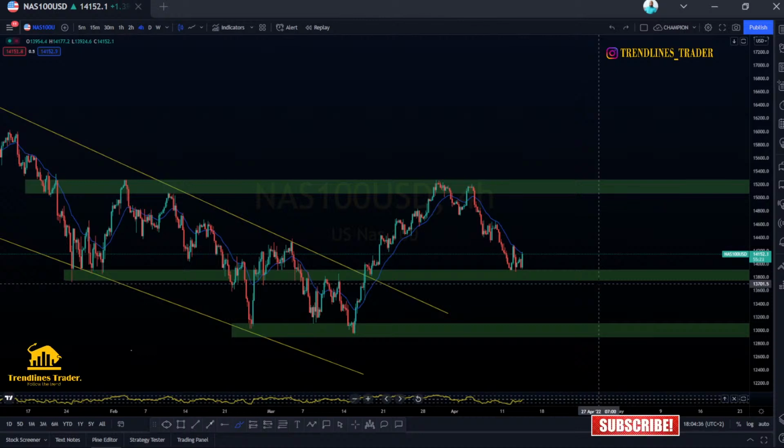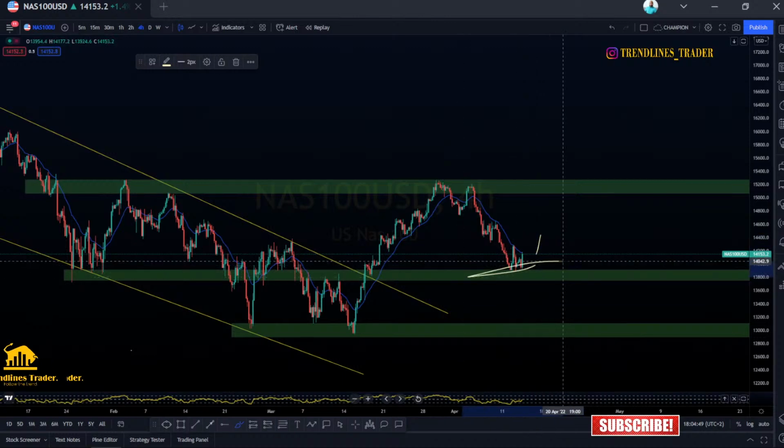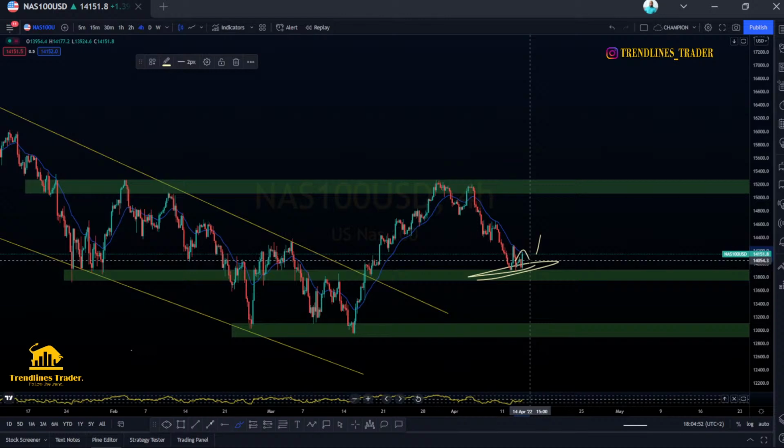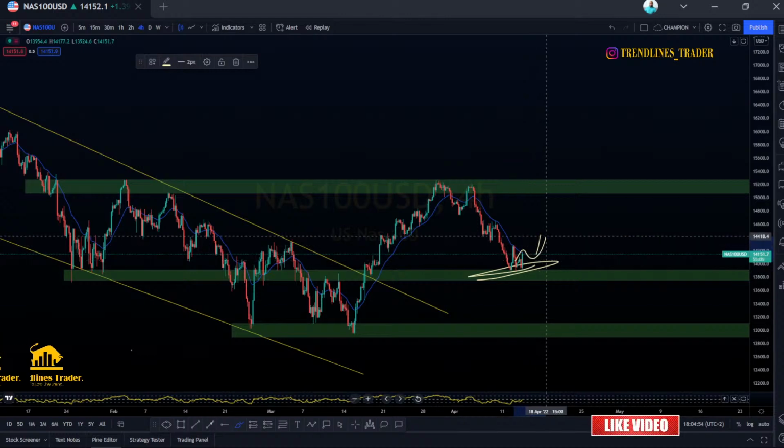So we just have to witness that the price is about to make those reversal patterns, and we will be very satisfied to see the price pushing towards the upside, because we just have to be patient to witness the retest, especially in the bigger time frame, so that we can see.